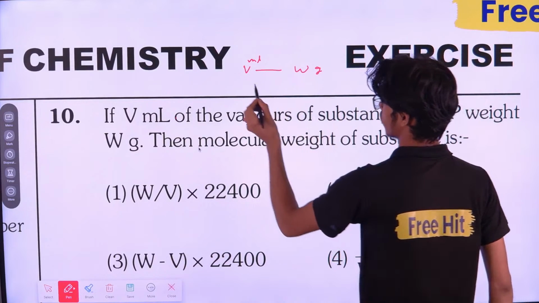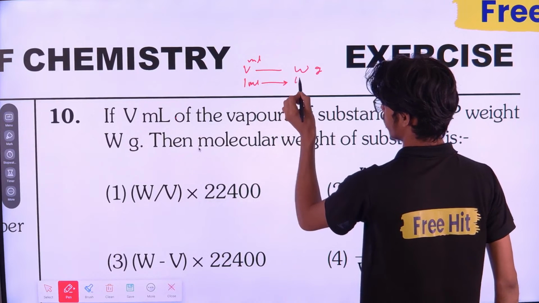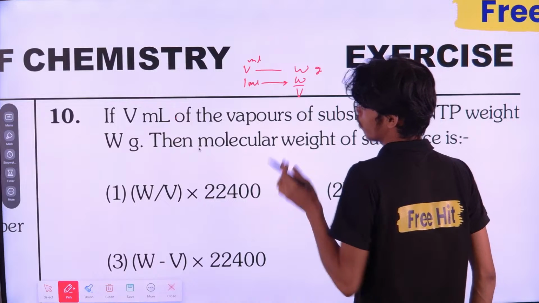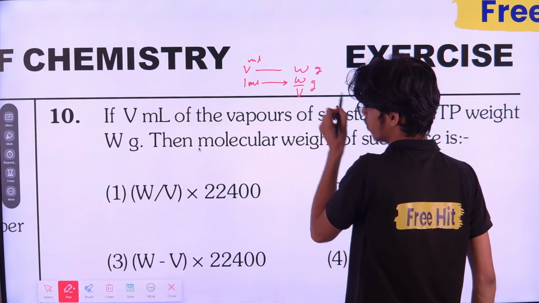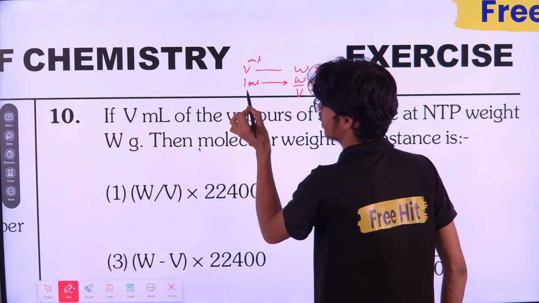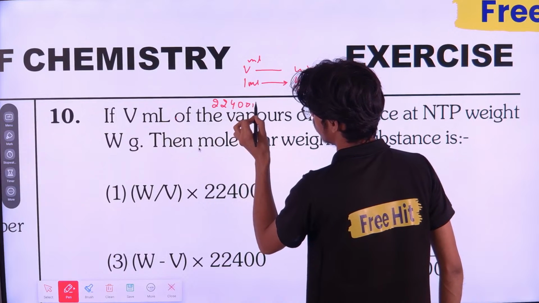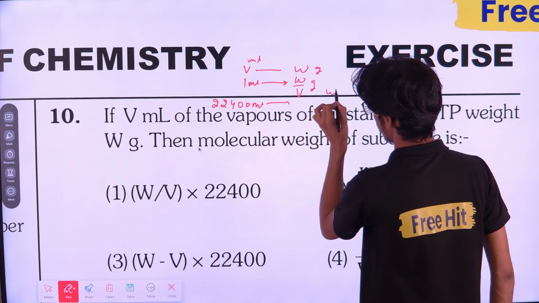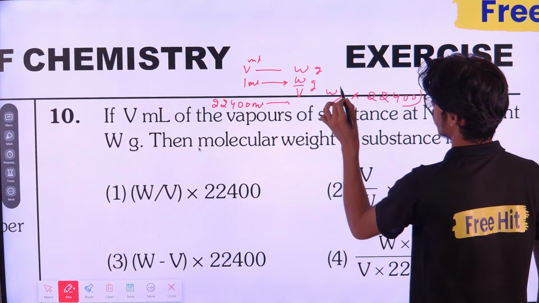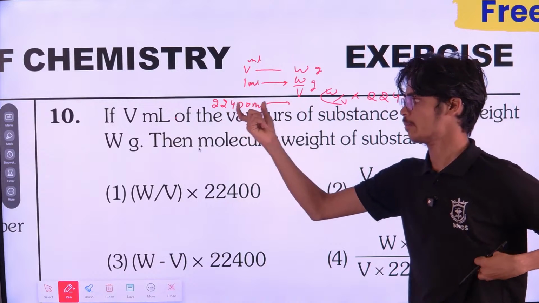Then the mass of 1 milliliter will be 12 by V, sorry, W by V. Then the weight of 22,400 milliliter is W by V into 22,400. This is going to be the weight of 22,400 milliliter of gas.